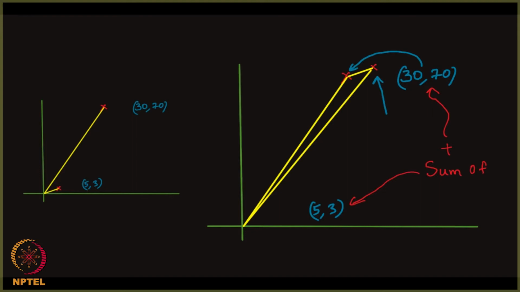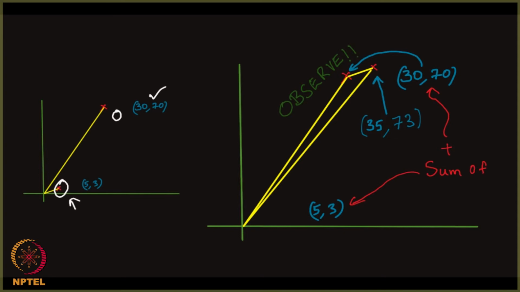The observation comes next. This 35, 73 is closer to 30, 70 than 5, 3. The resultant vector 35, 73 is somewhere close to this vector than to this vector. Did you observe that? Yeah, and I'm sure you know the reason as well.